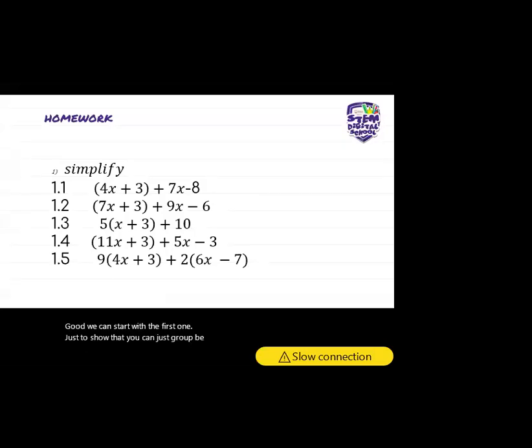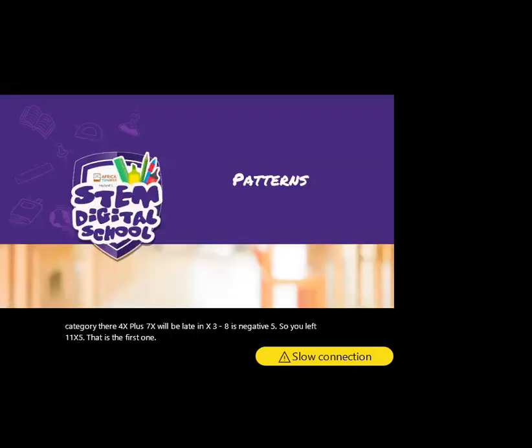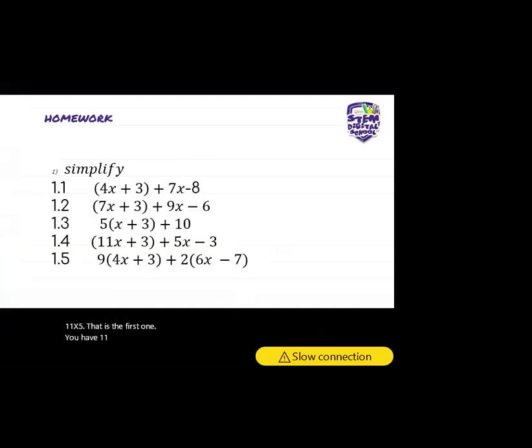Obviously, 4x plus 7x will be 11x. Then 3 minus 8 is -5. So you have 11x minus 5. That is the first one.